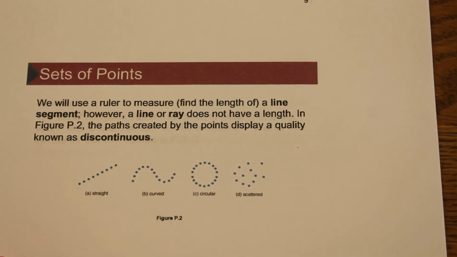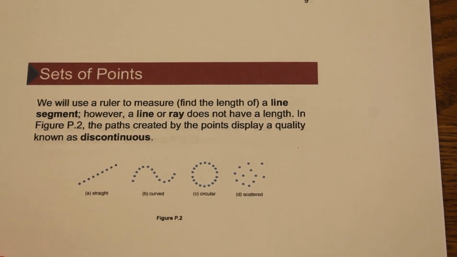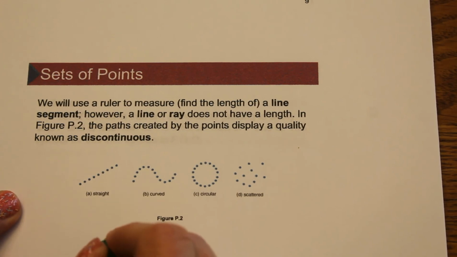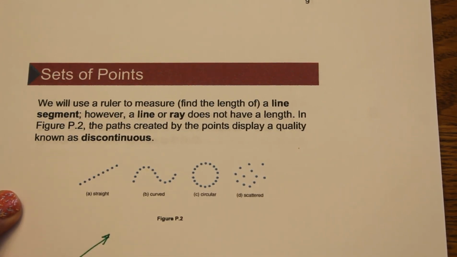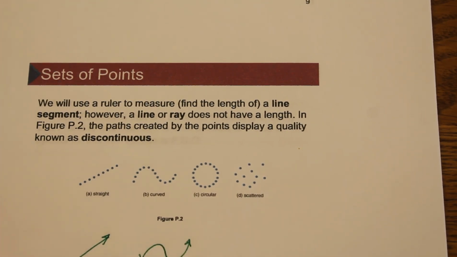That's why we would put arrows at the end of our lines. The paths created by the points are known as continuous or discontinuous. This is discontinuous. This is continuous. This is discontinuous. That would be continuous.